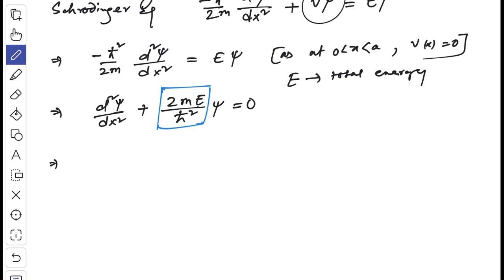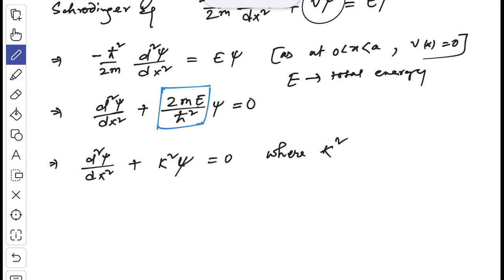Then we have the second order derivative of psi with respect to x plus k square psi is equal to 0, where k square is equal to 2mE by h cut square, which implies k is equal to root over twice mE by h cut square.